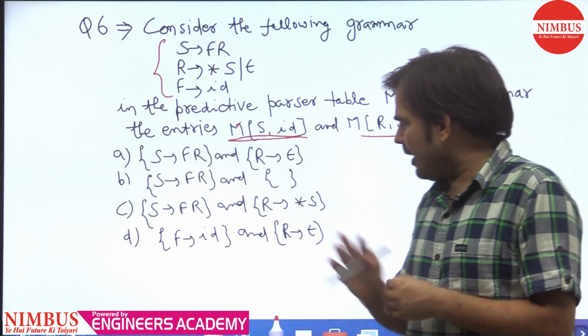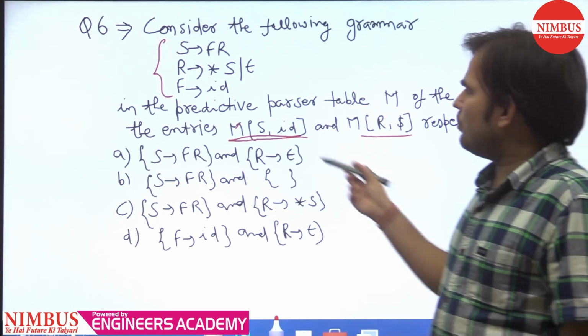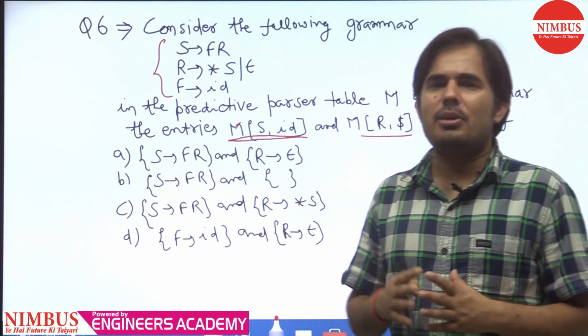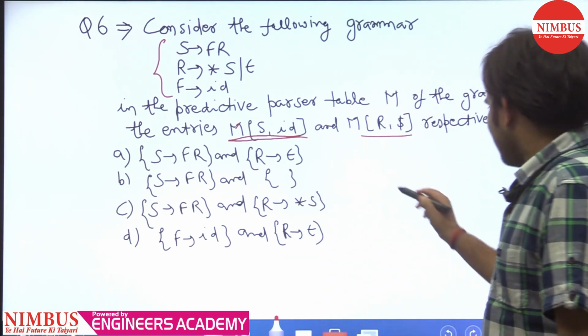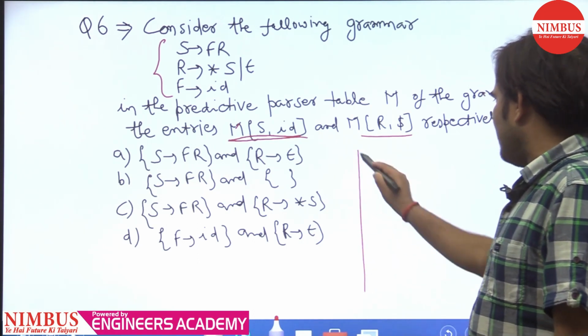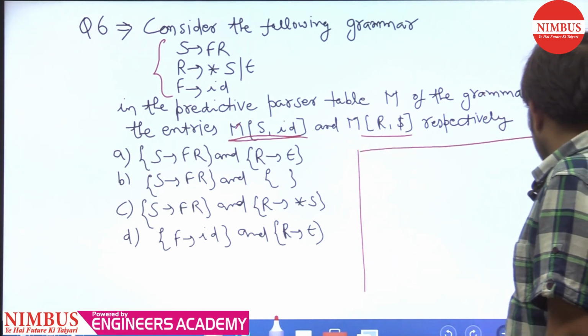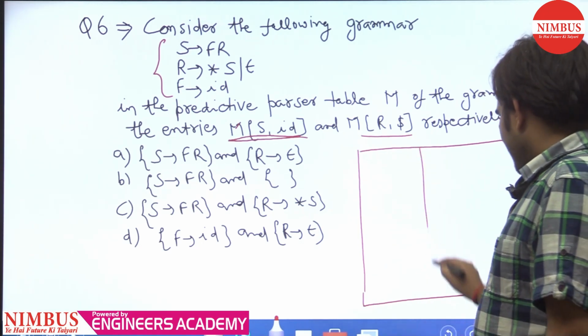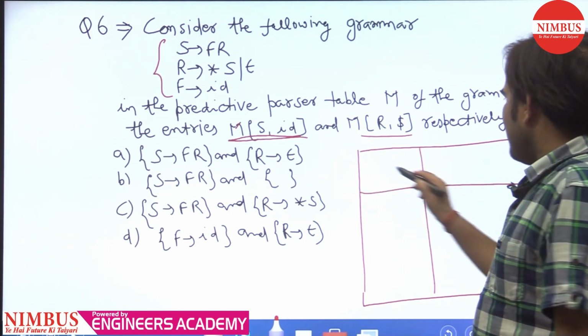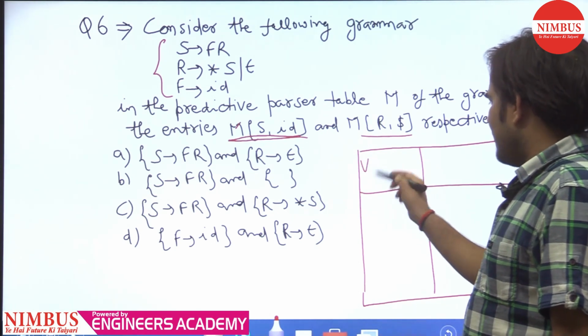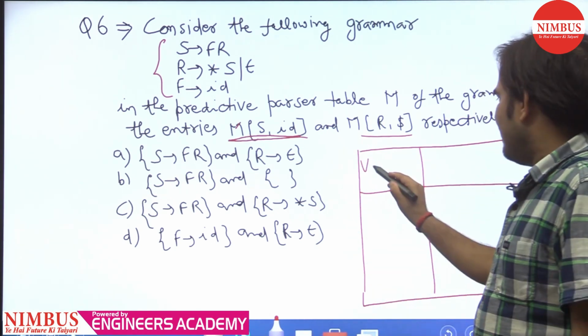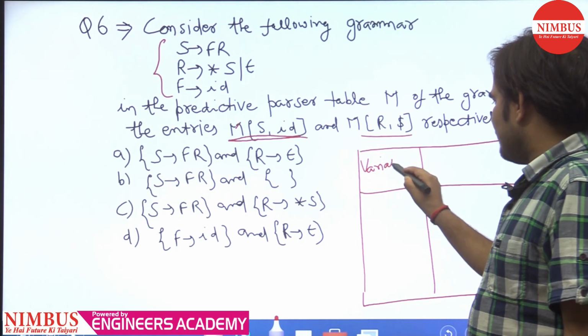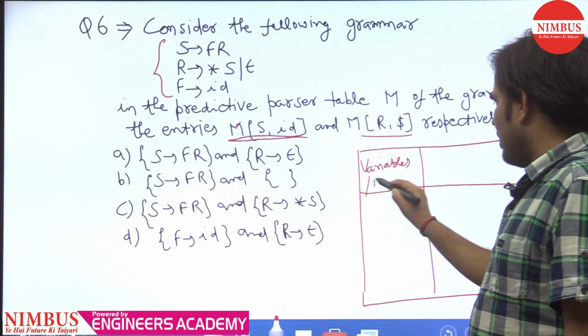Okay, let's see. To make an LL1 parsing table, what is the structure of the LL1 parsing table? First we need to understand the structure of the LL1 parsing table. So what do we do? First of all, variables is nothing but non terminals, variables slash non variables.